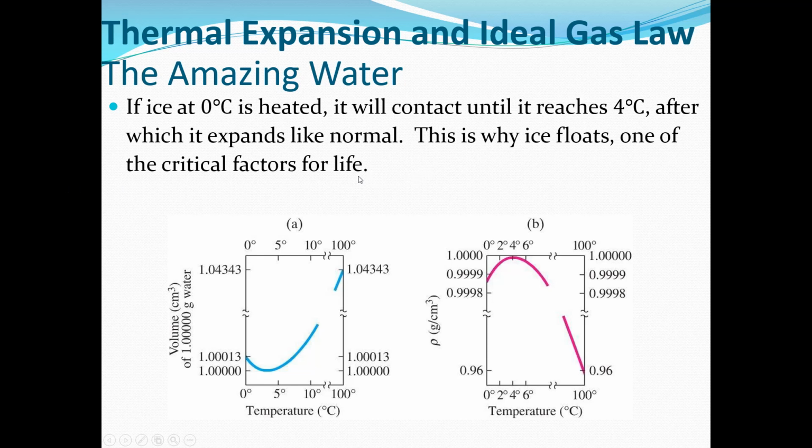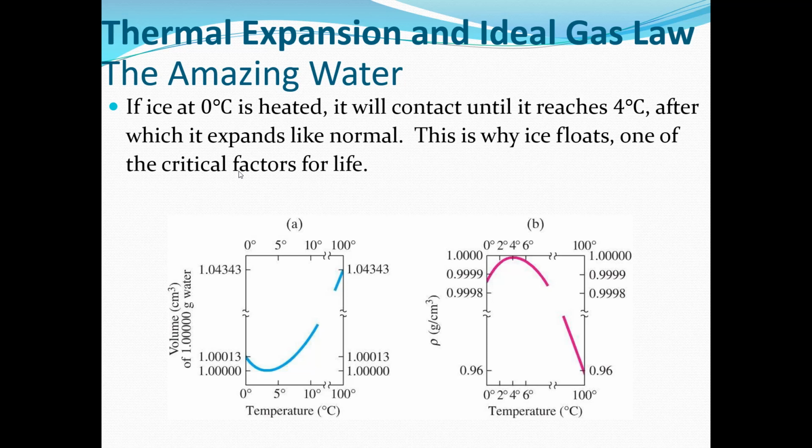What I mean by that is, because ice floats, when you have a large body of water, the top of the water will become ice, but everything underneath will still stay liquid. In fact, the ice on top will insulate the water underneath, keeping it a little bit warm.